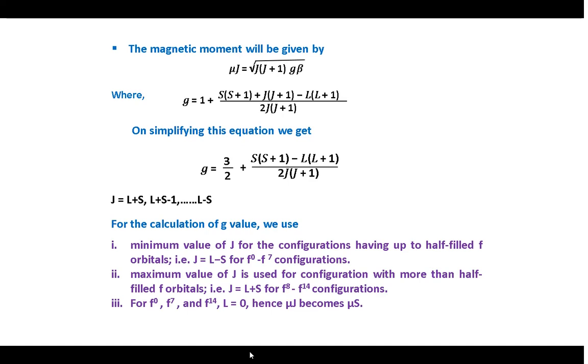Maximum value of J is used for configurations with more than half-filled f orbitals. It explains J is equal to L plus S for the configurations f8 to f14. For f0, f7 and f14, L is equal to 0. Hence, μJ becomes μS.